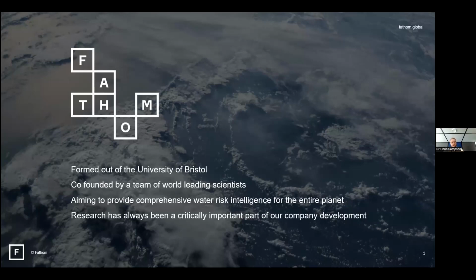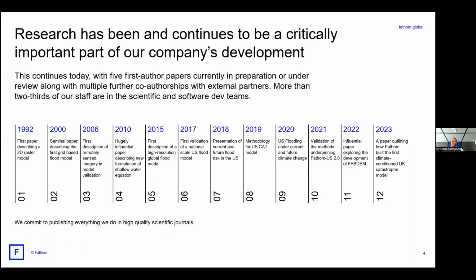And on the next slide, I just wanted to provide a little evidence for that statement. This timeline shows the major publication releases from our group going back to Professor Paul Bates's first description of a raster-based flood model all the way back in 1992. Paul being Ollie, James, and my own PhD supervisor, longer ago than I think any of us would care to remember, as well as the company's chairman today.